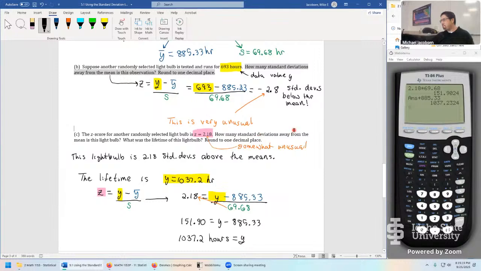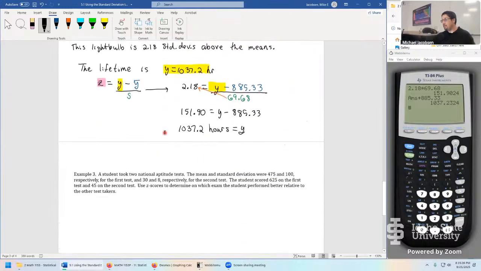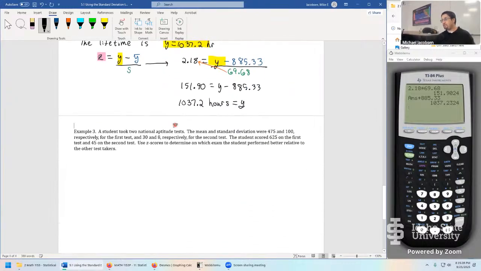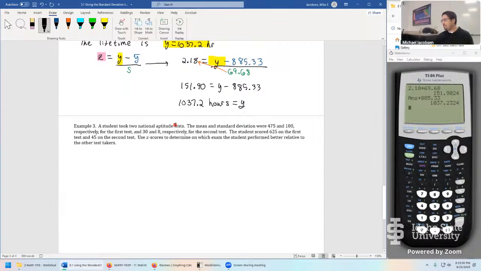But there are actually bigger reasons for the z-scores that we're going to see. And z-scores actually show up in formulas later on in the course when we're at the end part doing inferential statistics.